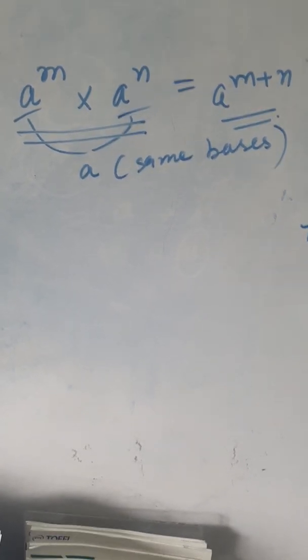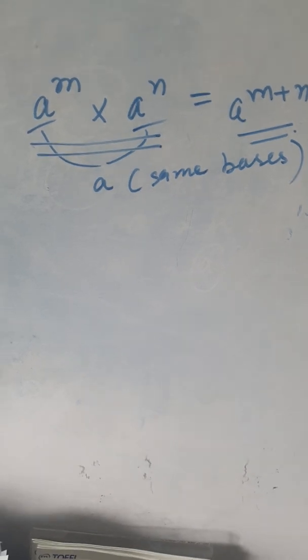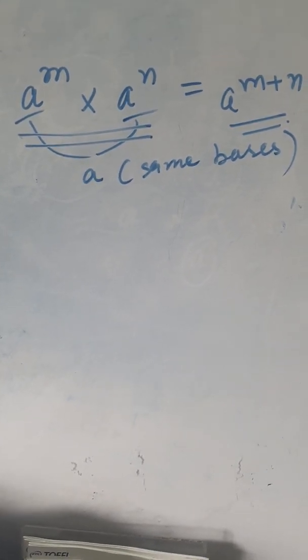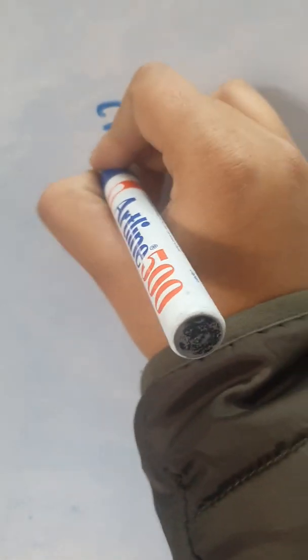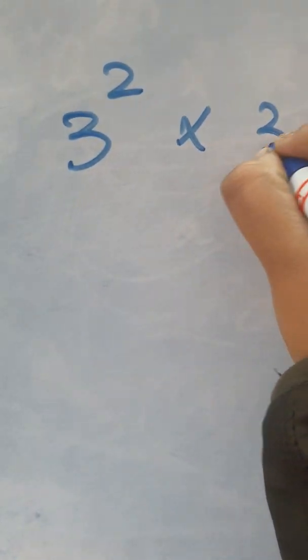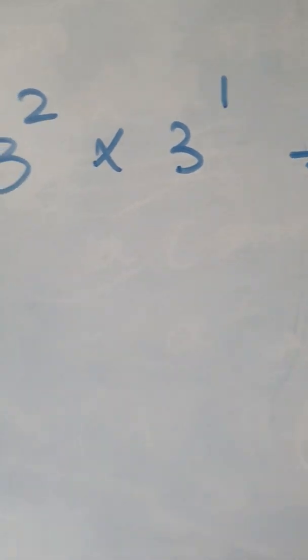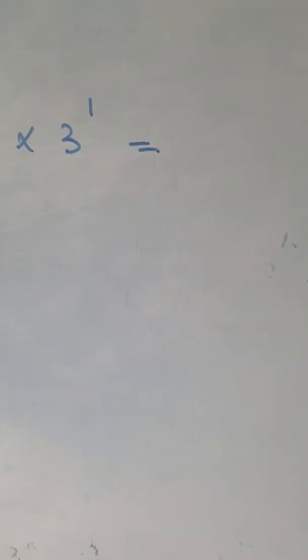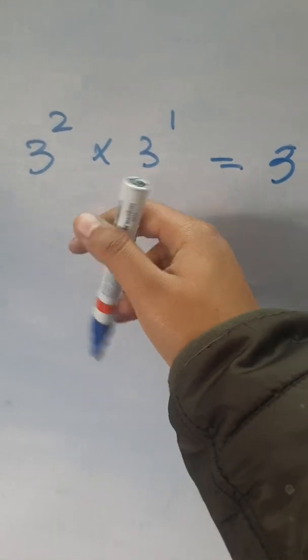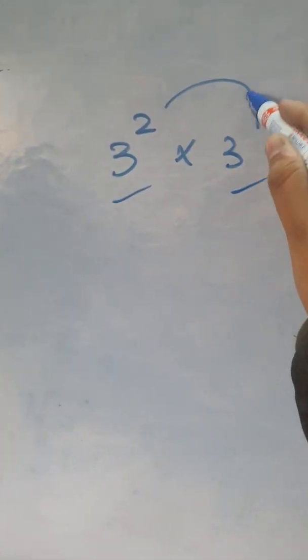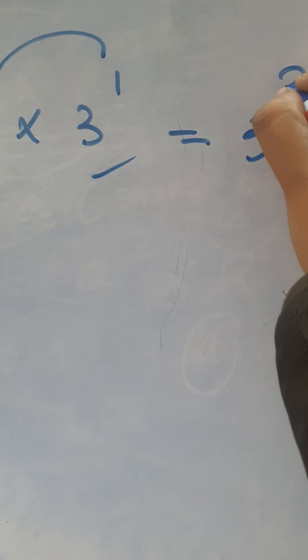In that case, we're going to add the exponents and write the base as the same, that is a. Let's check. If it is 3 to the power 2 into 3 to the power 1, then we'll say 3 to the power 2 plus 1, because the base is the same and exponents differ. So 3 to the power 3.